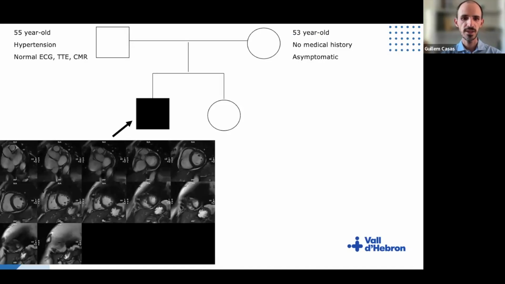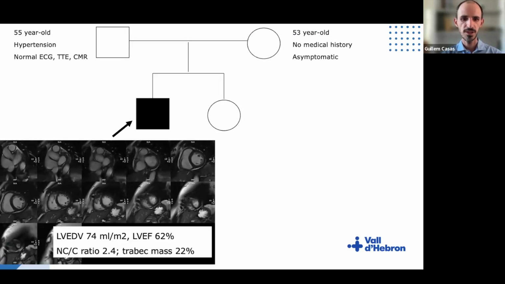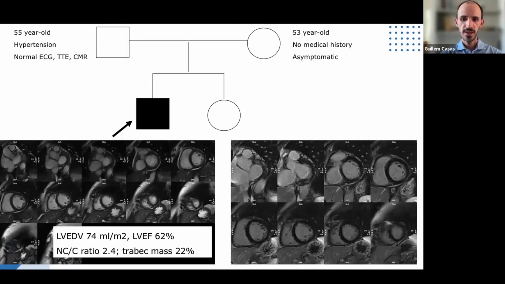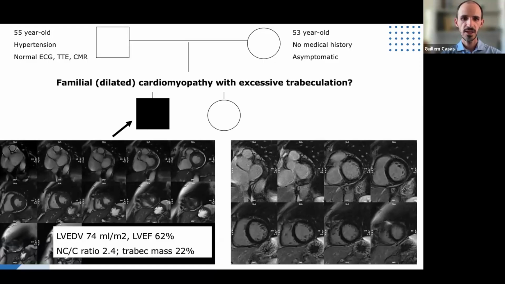Her CMR, however, showed normal LV dimensions and preserved ejection fraction, but also significant hypertrabeculation, fulfilling again diagnostic criteria, even though to a lesser extent, with an NC to C ratio of 2.4 and a trabeculated mass of 22%. No late gadolinium enhancement in her images, and again, the differential diagnosis remains familial form of cardiomyopathy with excessive trabeculation.